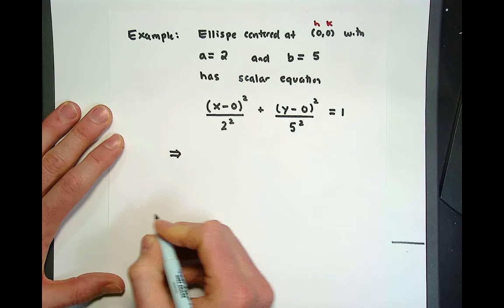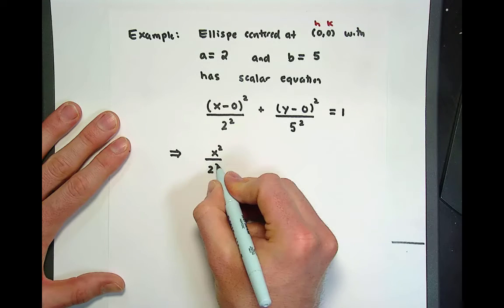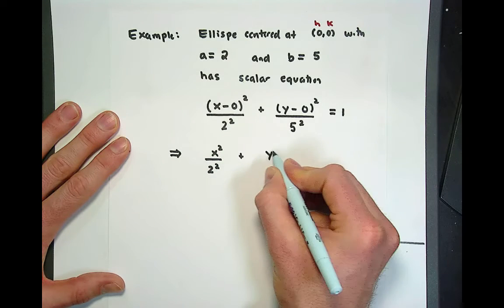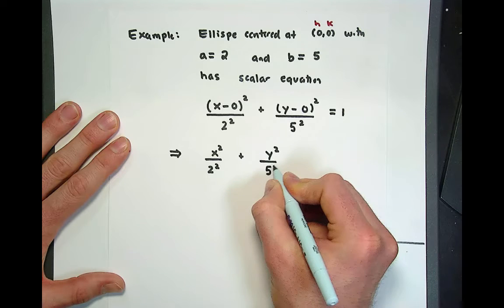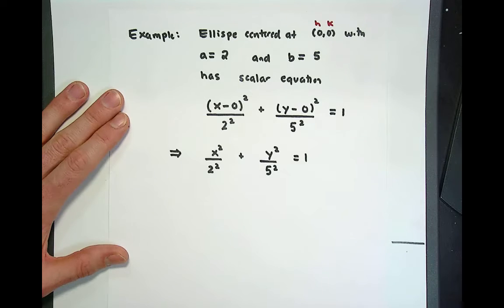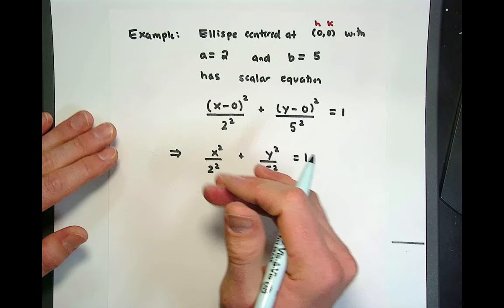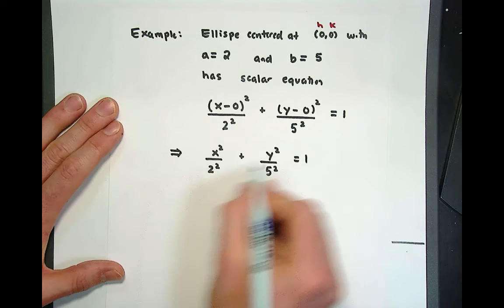That comes directly from the definition that we just introduced, and this of course would be x squared divided by 2 squared plus y squared divided by 5 squared equal to 1. And then we can do an individual analysis of the points along the horizontal line through the axis and the vertical line through the axis.